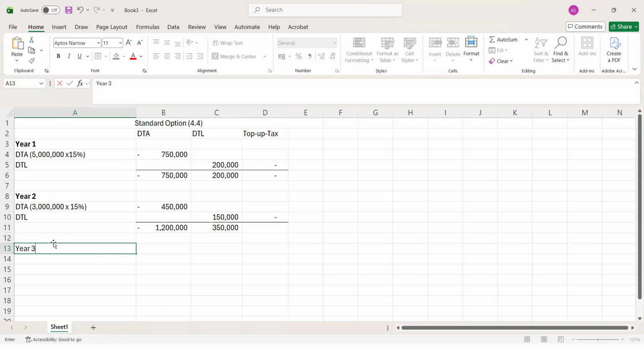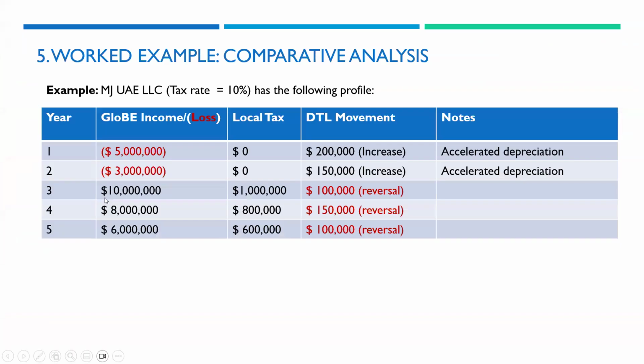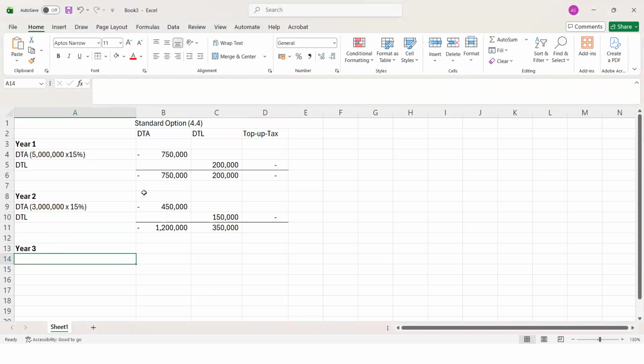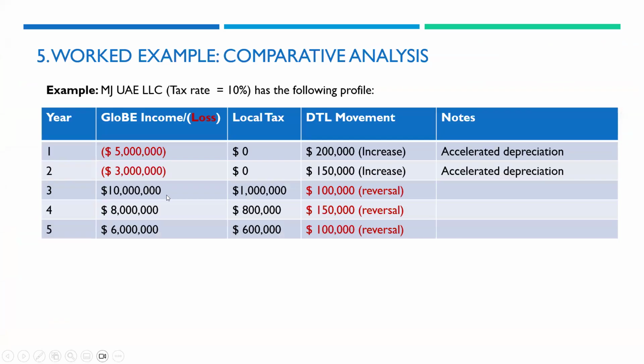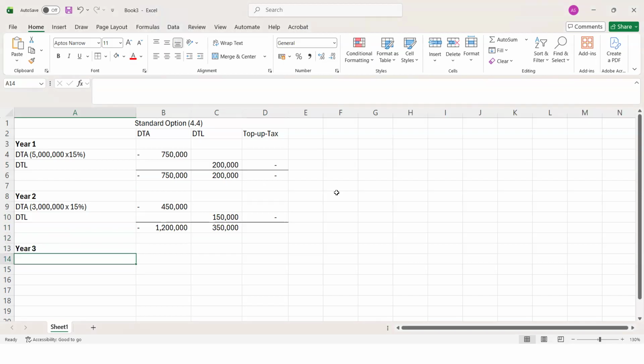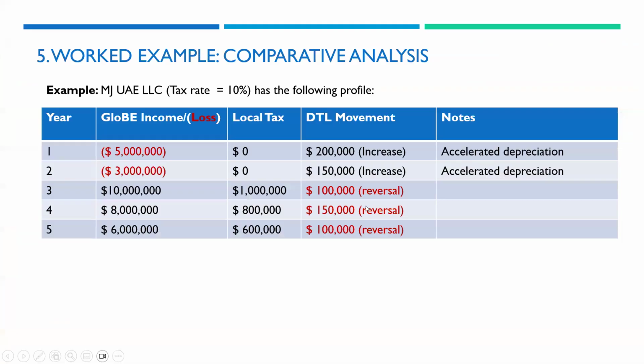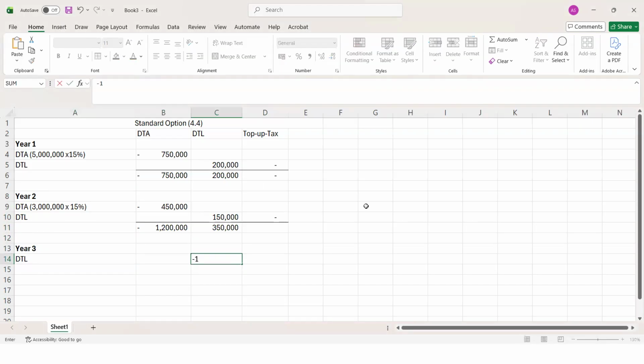So in year three, what is my globe income? 10 million, right? So would I have a DTA? No. For DTL there is a reversal of 100,000.